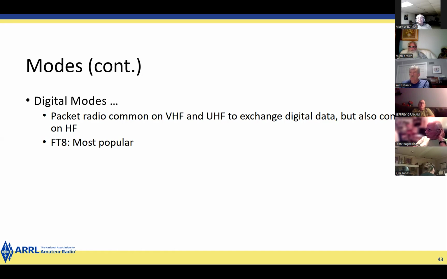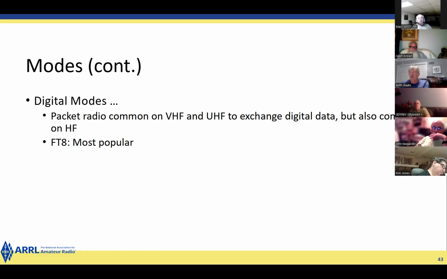Frankly, I hate the mode myself, because I'd just as soon watch paint dry, but it is very popular. You should read up on it, because again, it's used quite a bit.